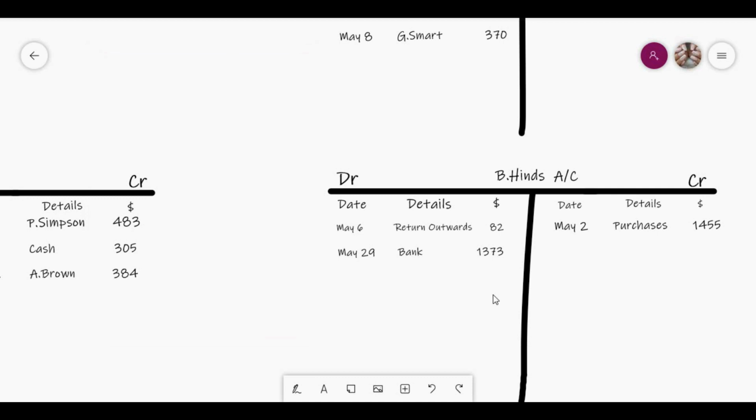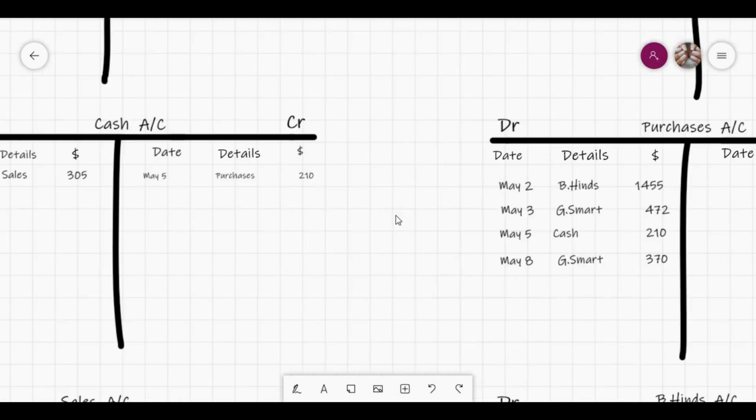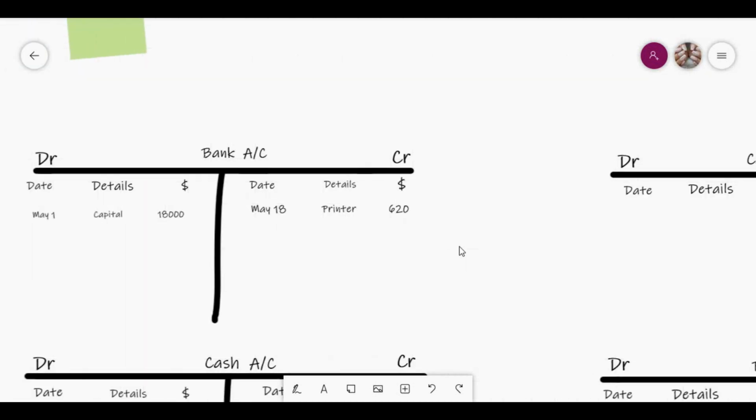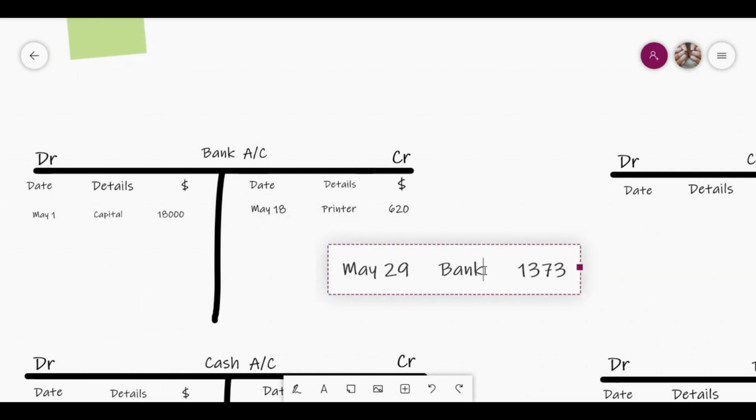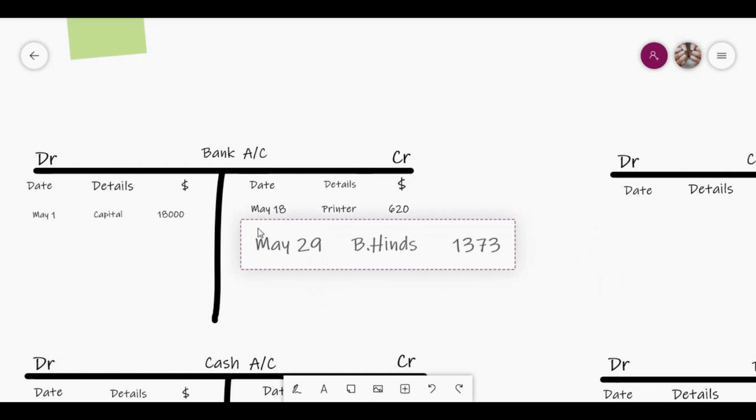So the last transaction is on May 31st. So on May 31st, bought goods on credit from A Cub in the amount $418.